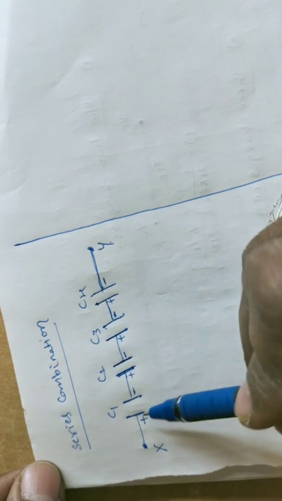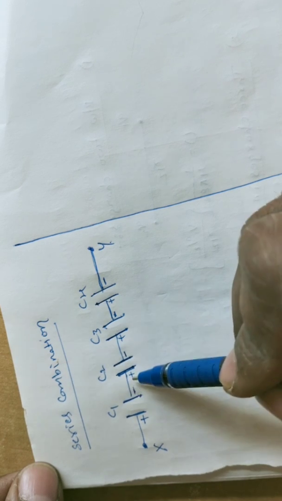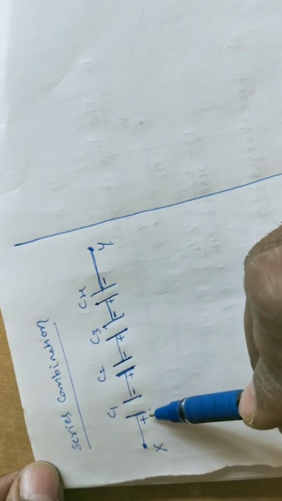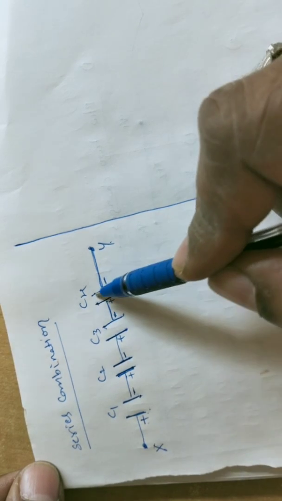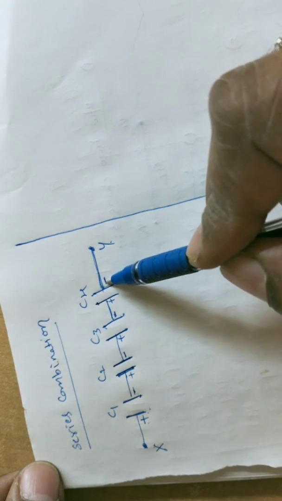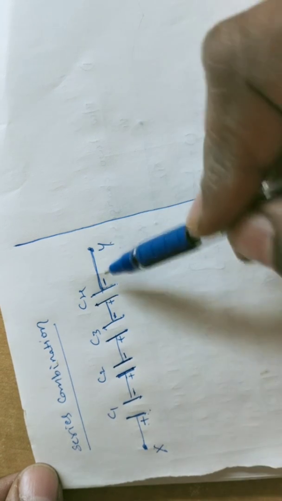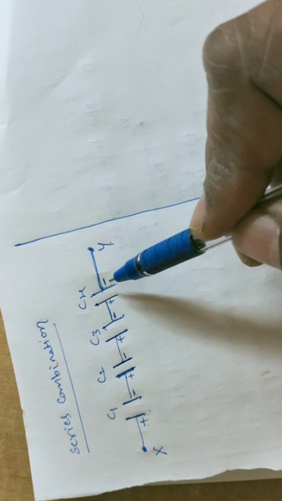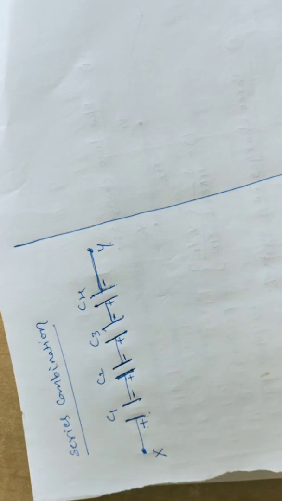The first plate of the first capacitor is connected to the positive terminal, and the second plate of the last capacitor is connected to the negative terminal. So the first plate of the first capacitor and the second plate of the last capacitor are connected to opposite terminals. This type of combination is what we call a series combination.